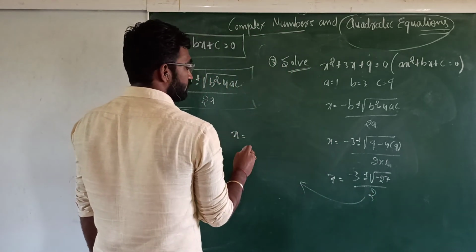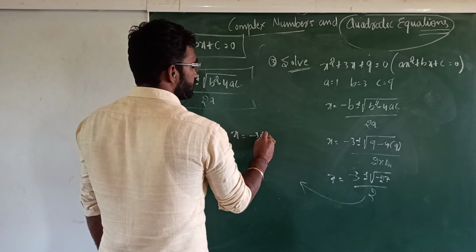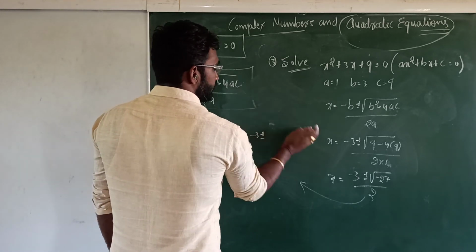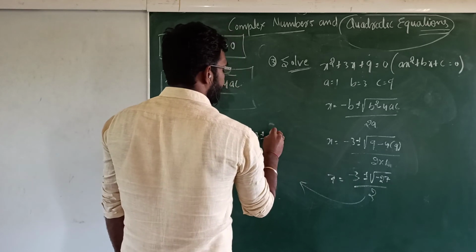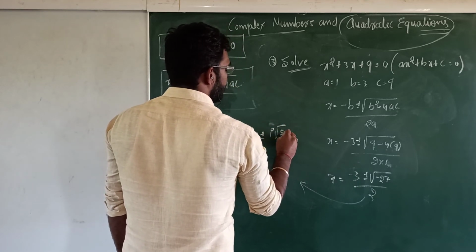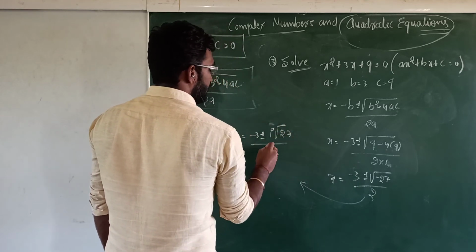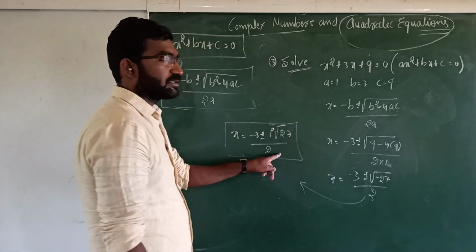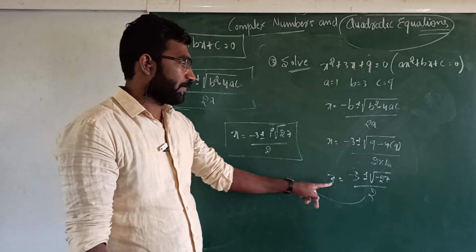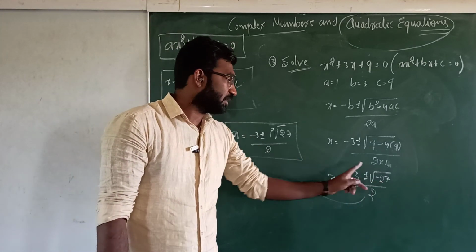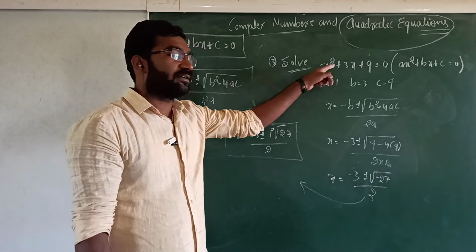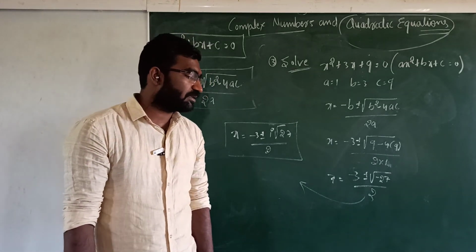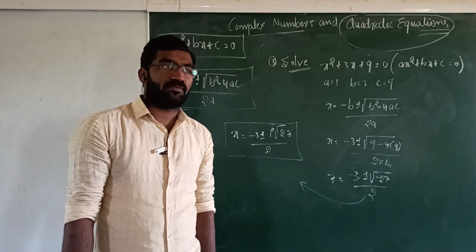Therefore x = (-3 ± i√27) / 2. This is the only extra step you are doing in this first year. √(-27) can be written as i√27. Remaining things are the basics. Just solve for x in the remaining examples.